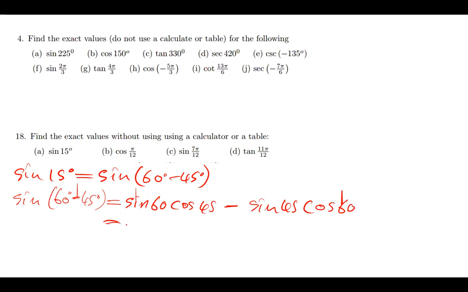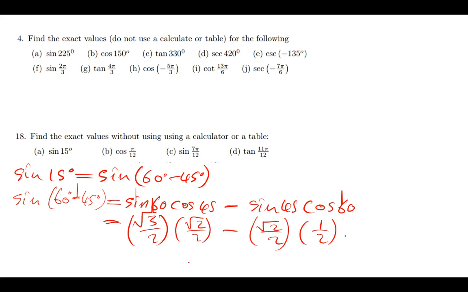Then sine 60, we know that it's root 3 over 2, multiplied with cos 45, which is root 2 over 2. Then minus sine 45, which is also root 2 over 2, times cos 60, which is 1 over 2.